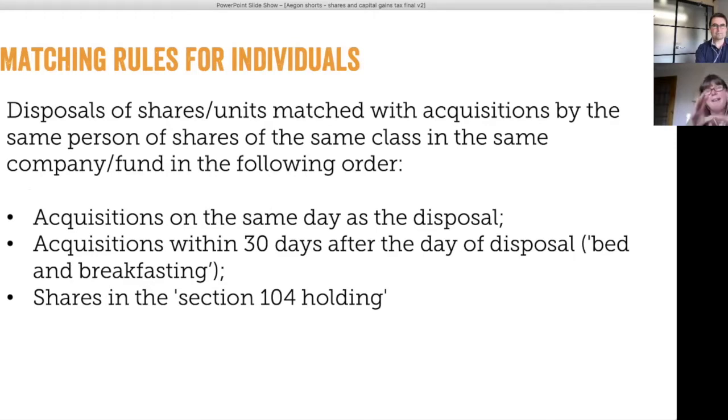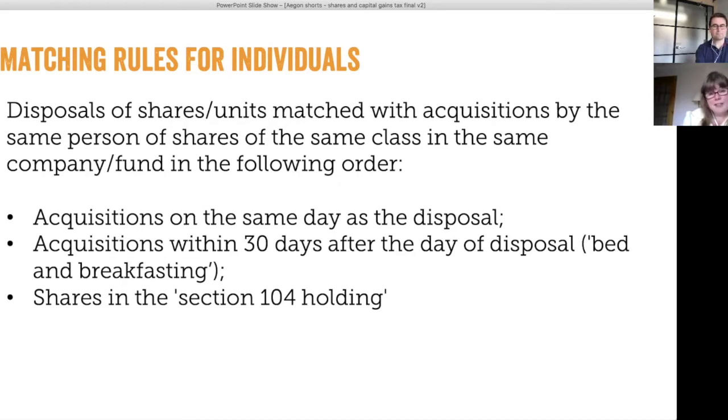If someone disposes of shares in a full disposal and doesn't buy the same shares back, then it would just be the average cost that would go into the calculation. But if they sell shares and that same person buys back shares in the same class of the same company or same fund, then there are these matching rules.